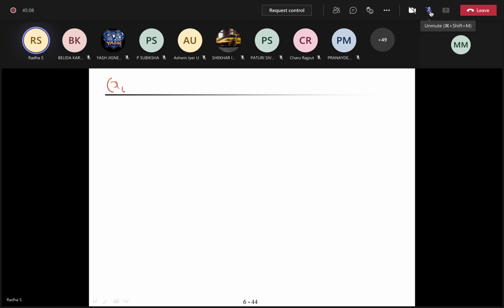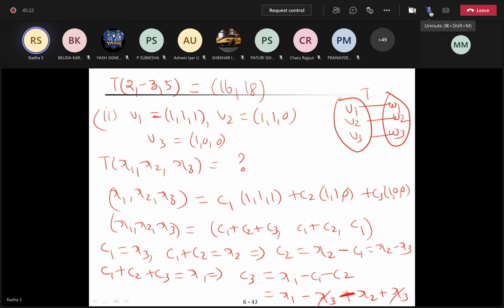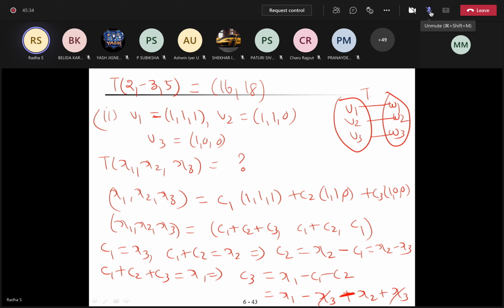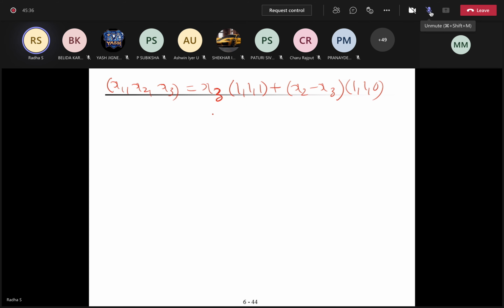Okay. Now any (x1, x2, x3) is c1 times v1, that is x3 times (1, 1, 1), plus x2 minus x3 into v2, that is (1, 1, 0), plus x1 minus x2 into v3, that is (1, 0, 0).